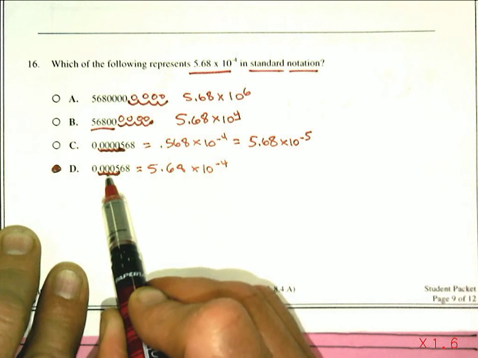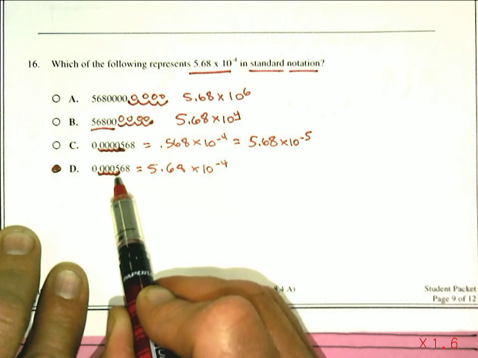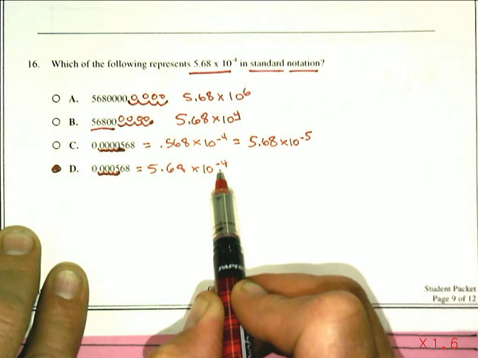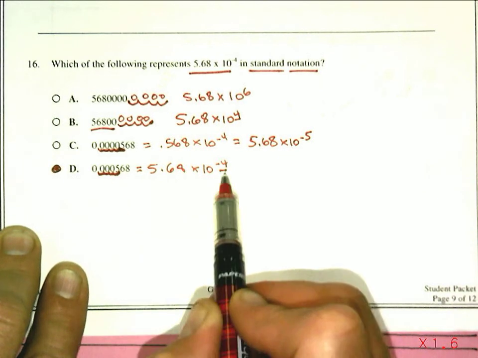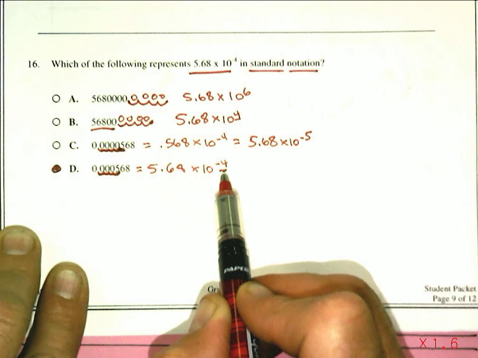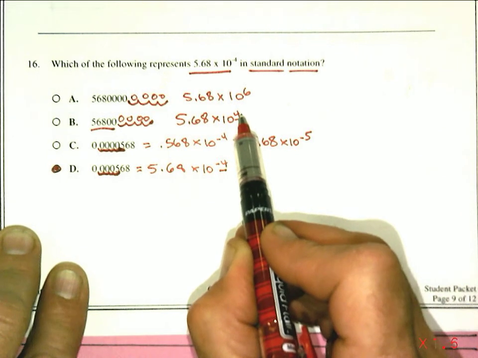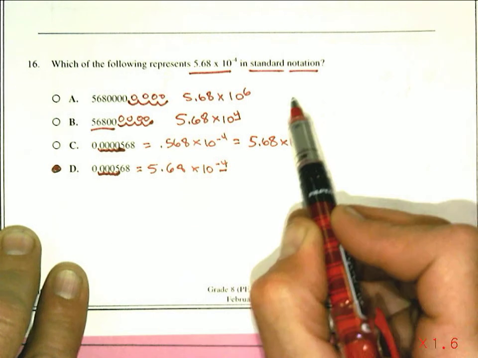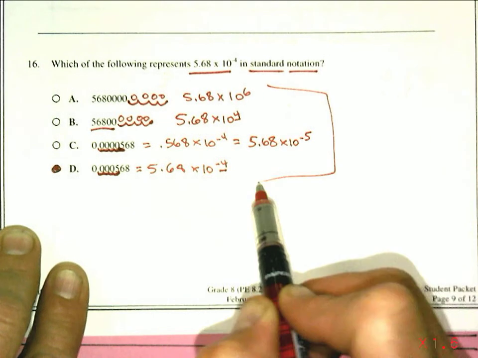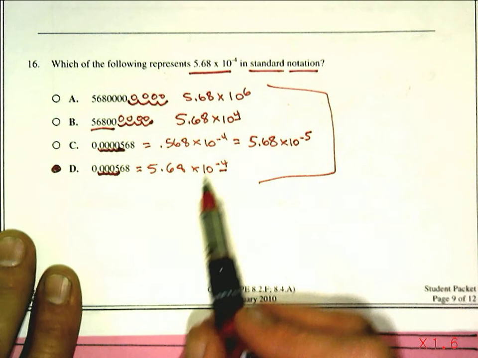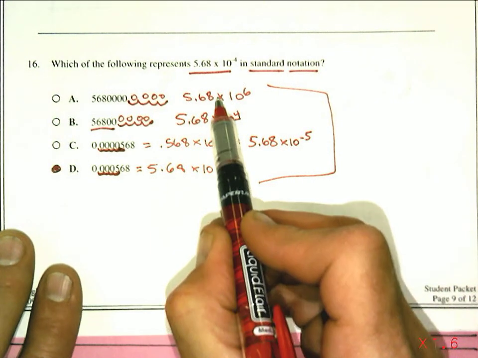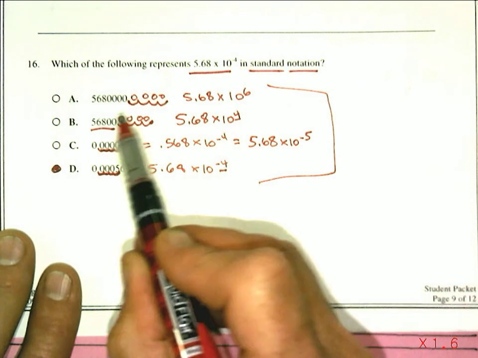And then 1, 2, 3, 4 numbers over before the decimal point. So negative fourth power. And the trick with this is knowing which way to go. Negative exponents are from small numbers. Positive exponents are from large numbers. And these are all representations of writing scientific notation, either from standard form to scientific notation, or we could go the other way with it.